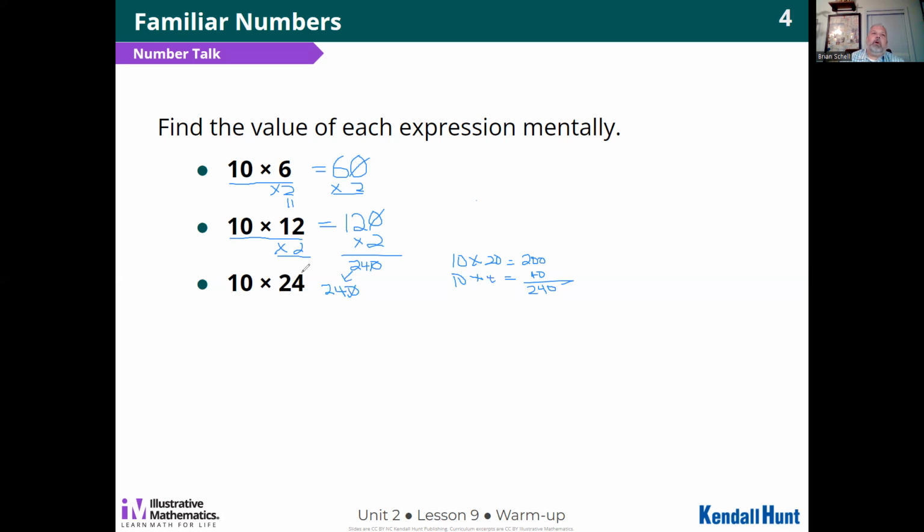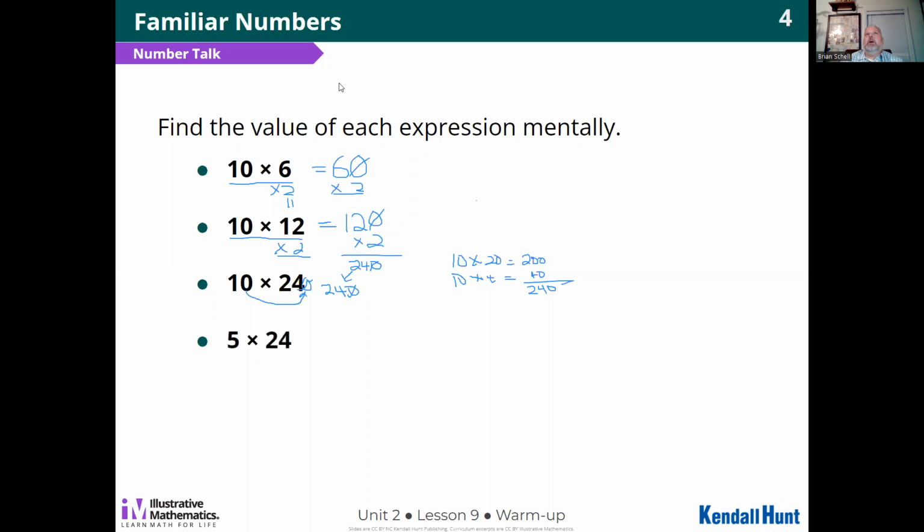A lot of us also know our base 10 rules. When we multiply by 10, we really only need to move this 0 to right here. Those are a couple of strategies, but I think it's obvious from what we're looking at that they're expecting us to know this is a doubling exercise. Let me click off this one more time and see if we can go to our next slide.